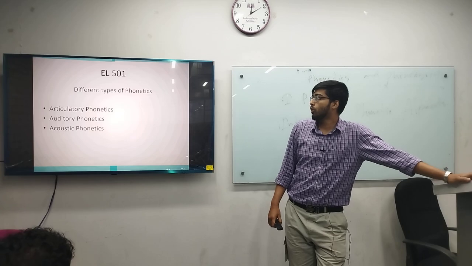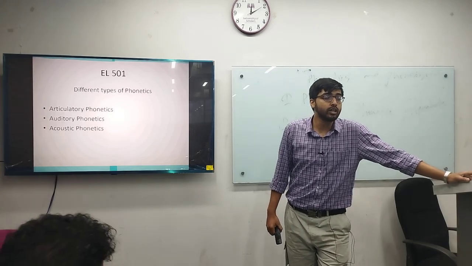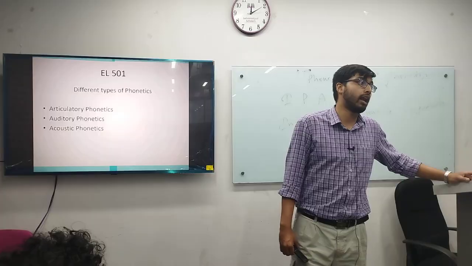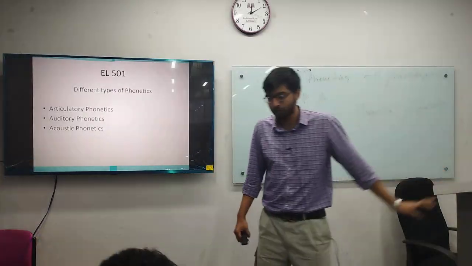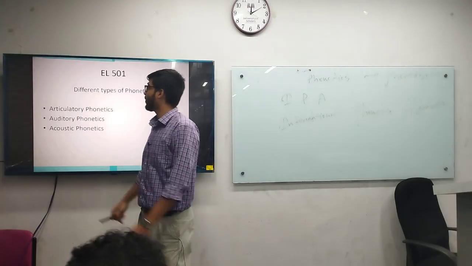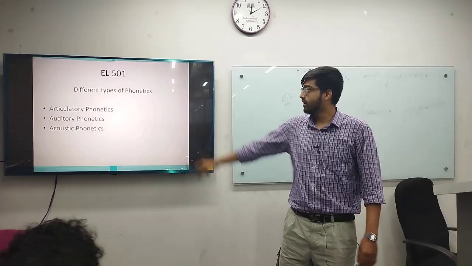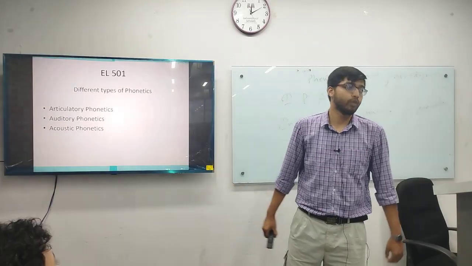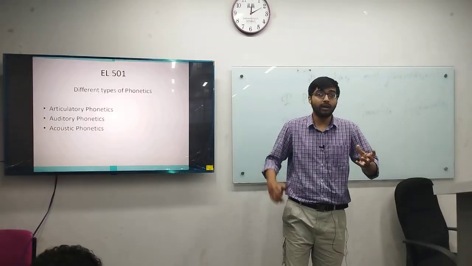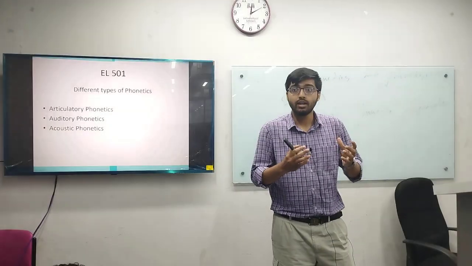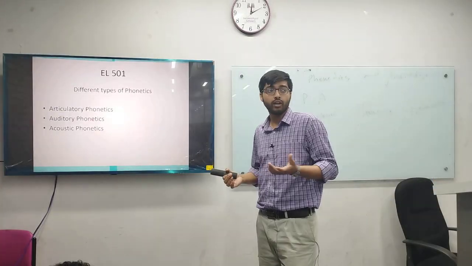Well, for those 2 types, auditory phonetics and acoustic phonetics, we need a lab, a language lab, a sound lab, which we lack here in our university. Sorry for that. That's why we will be dealing with the first one, articulatory phonetics: the place of articulation, and where and how the articulators make, produce those sounds. Is that correct?